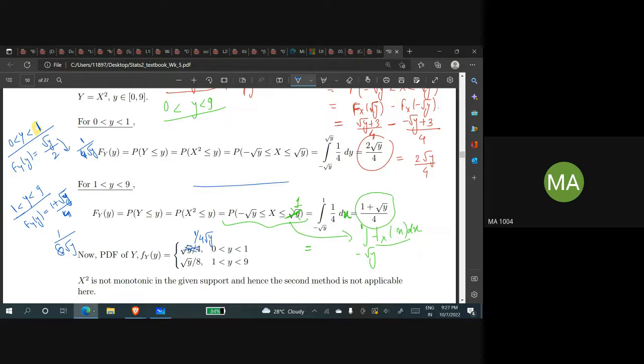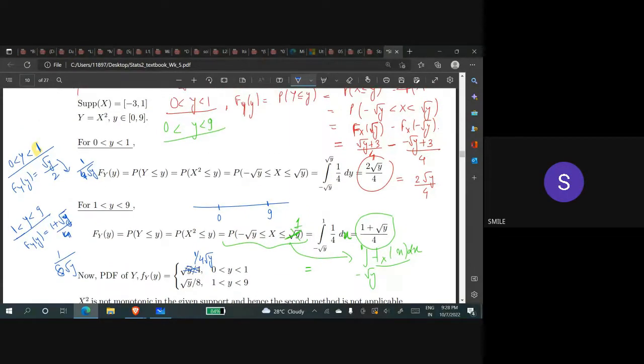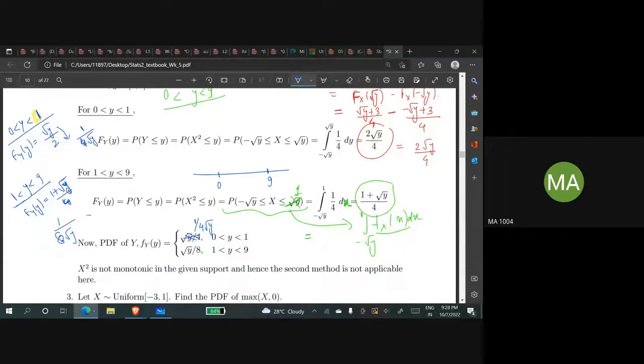Y is lying between 0 to 9. So your x should be between minus root y to 1. Okay, this part is wrong, I'll just change it.